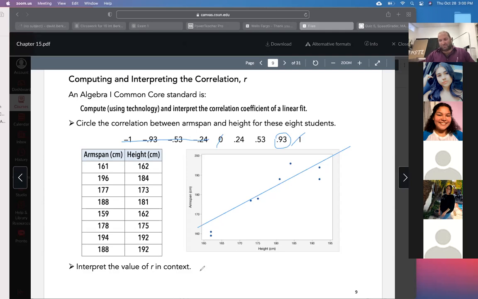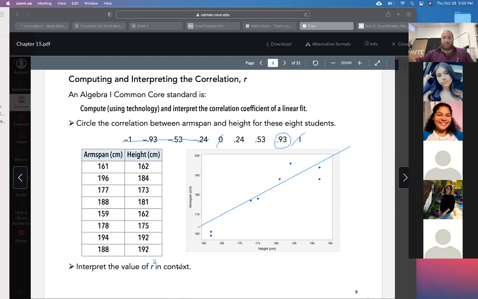There's nothing physical about R, but there is about R squared. So what I'm going to do is give you the R squared interpretation and not the R interpretation. So what is R squared?